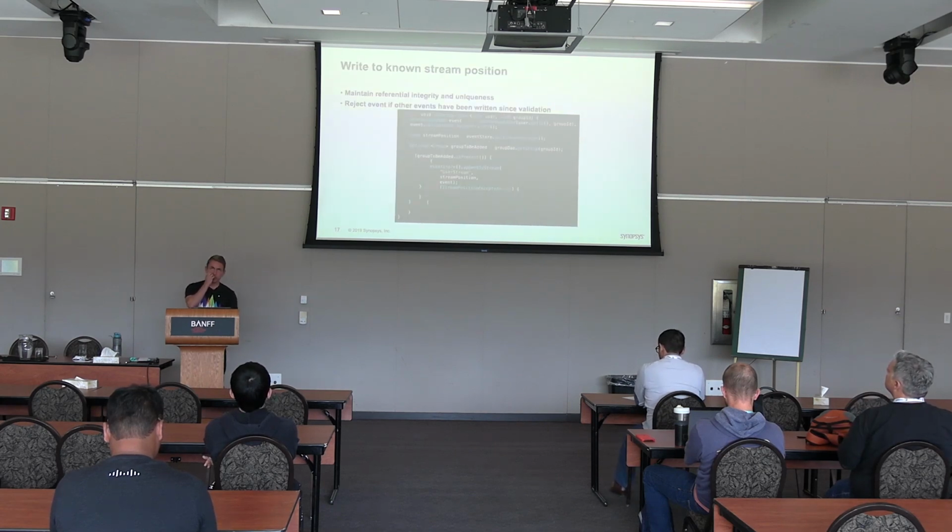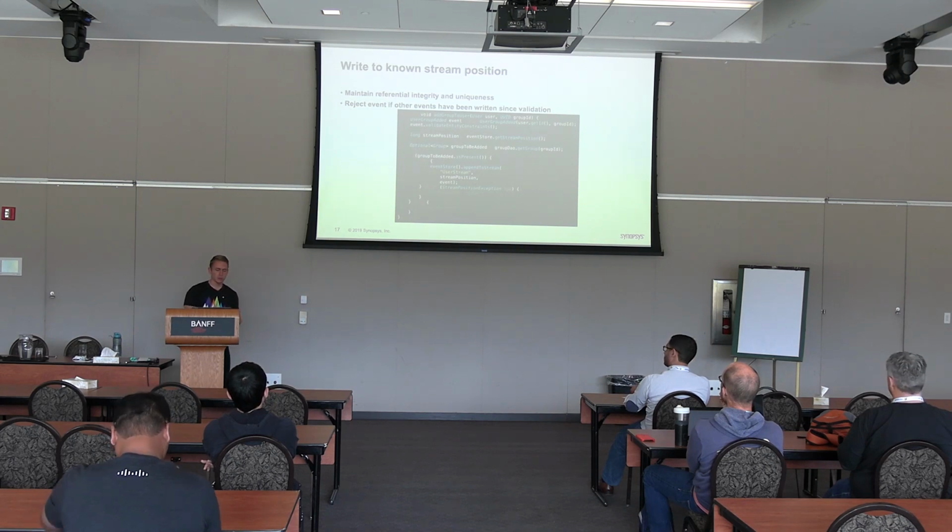But for more complex scenarios, such as database constraints, index violations like unique or foreign key constraints, referential integrity, and the like, you're going to want to append or write to a known stream position.